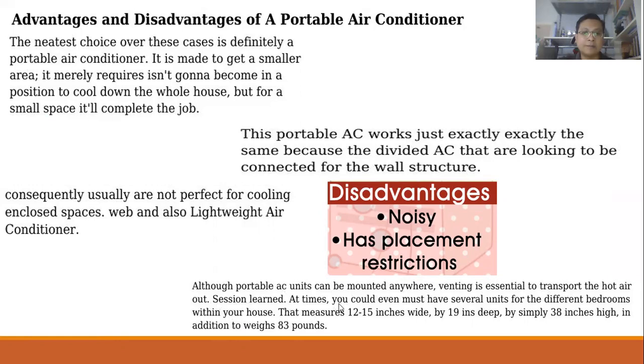At times, you may even need several units for the different bedrooms within your house. The unit measures between 12 and 15 inches wide by 19 inches deep by 38 inches in height and weighs 38 pounds.